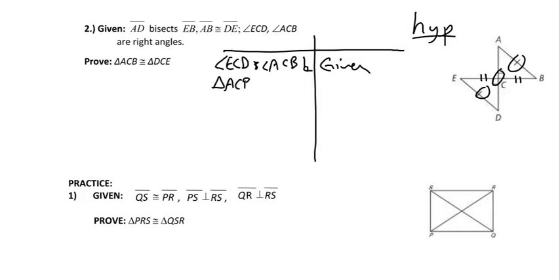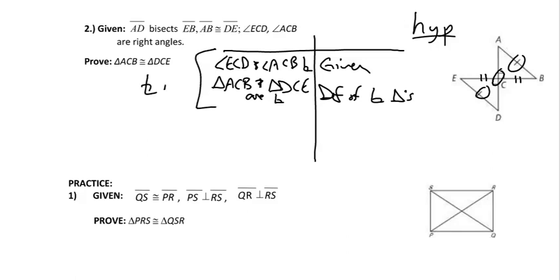Triangle ACB and triangle DCE are right, definition of right triangles. Lucky they didn't give us perpendicular, because then we would have had to add perpendicular, then they're right, and then triangles are right. We now have the right triangles. Check that box if you want. You guys don't actually have to do this. This is just me noting what I'm doing as I go.